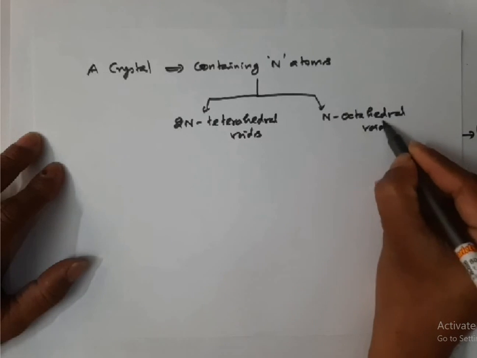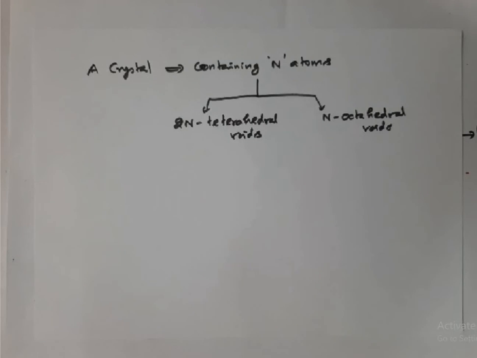Remember, this is very, very important. Whatever crystal you take, if it consists of n atoms, there must be 2n tetrahedral voids and n octahedral voids. Keep it in mind.